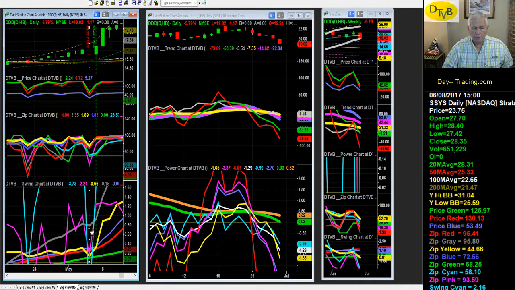Also, when you look at your swing gray situation, you have what we refer to as a pink spike. This is the zip pink line down under 50, and the zip yellow line is at 74, pink being at 28. So what it's telling us is that the price really dropped.